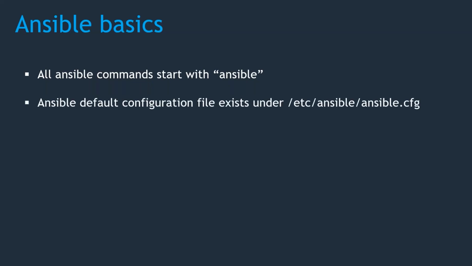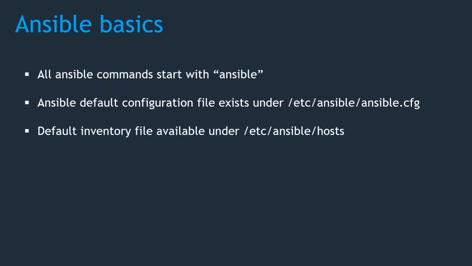Next, the Ansible default configuration file exists under /etc/ansible/ansible.cfg. This is the default Ansible configuration file location. Maybe we can create our own customized ansible.cfg file, but we can see that in later classes. For now, we are going to use only the default Ansible configuration.